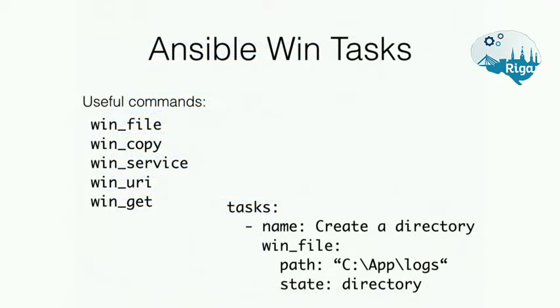So I got intrigued. I read the documentation. I found that I might need win_file, win_copy, win_service, win_uri, win_get. These are all interesting sounding modules. And that's an example from an Ansible script on how to invoke one task. Using this code block, I create a directory, C:\app\logs, and say state directory.